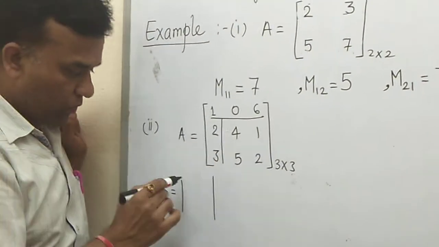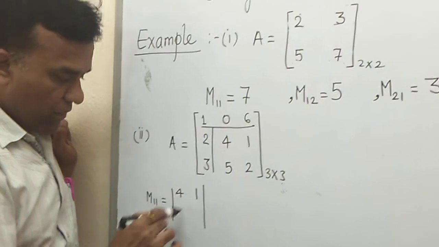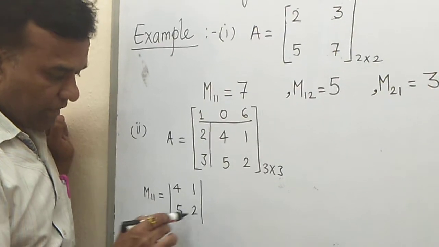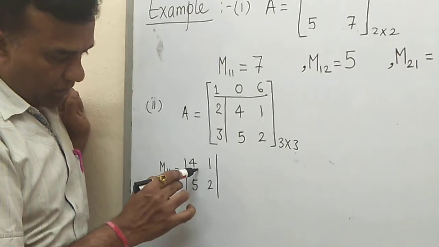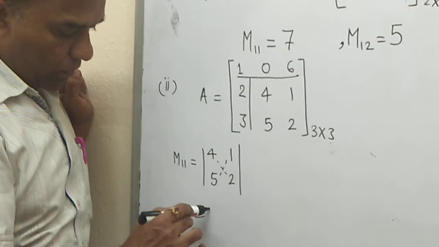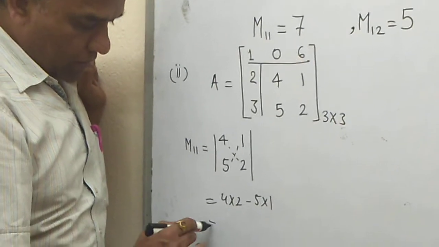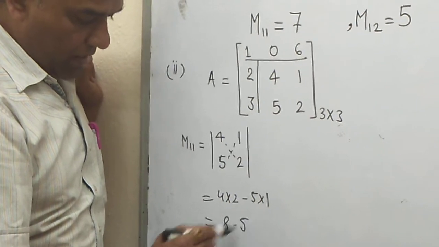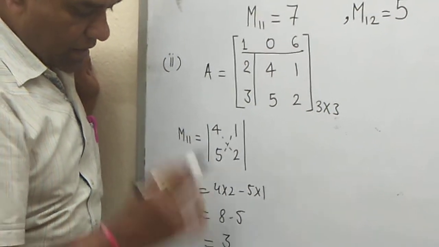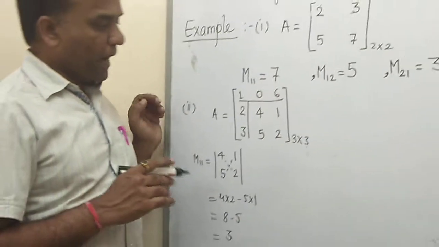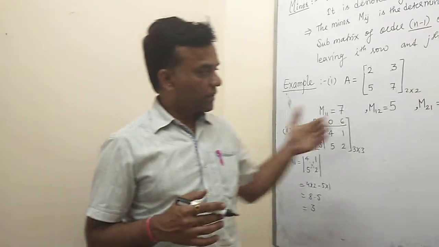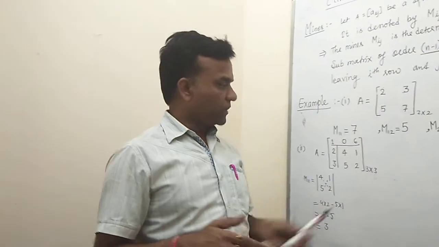The rest of the values are 4, 1, 5, 2. Then you solve this determinant: 4 into 2 minus 5 into 1. So 4 twos are 8, minus 5. Your answer is 3.